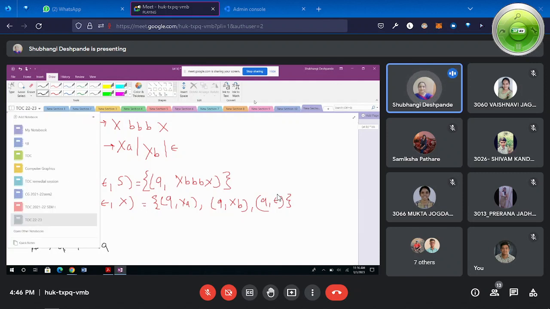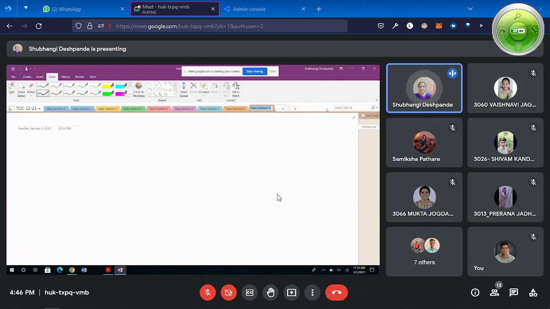Now we'll have the next conversion, which is a little bit difficult. First of all, write down some rules for it, and then we will solve the example. So constructing the CFG for the given PDA. Write down the rules for it.